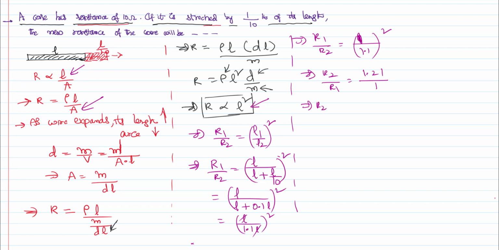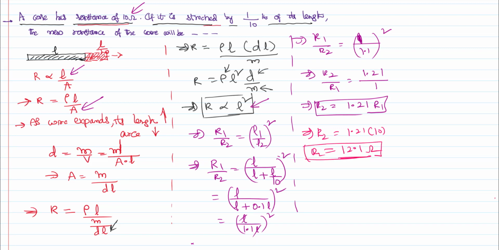That implies R2 is equal to 1.21 times of R1. It is given in the problem that R1 is 10 ohms. That implies R2 equals 1.21 into 10. The new resistance after stretching by 1/10th of its length is 12.1 ohms. That's the answer for the problem.